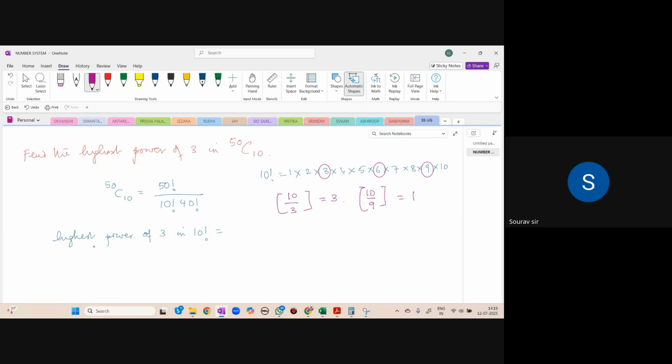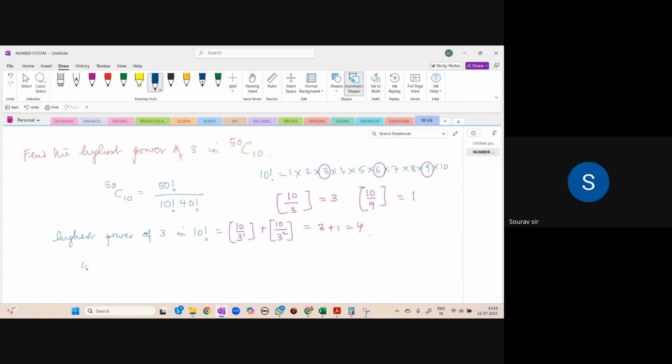So the highest power of 3 in factorial 10 will be 10 by 3 to the power 1 plus 10 by 3 to the power 2, because 10 cannot be divided by 3 to the power 3. So this is 3 plus 1, which is 4. Clear? Understood? Yes, sir.